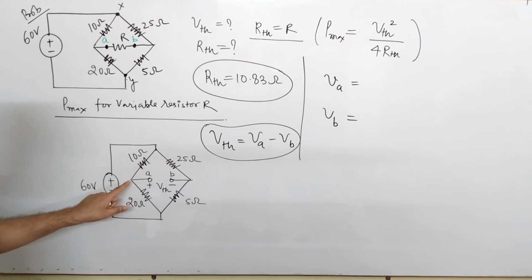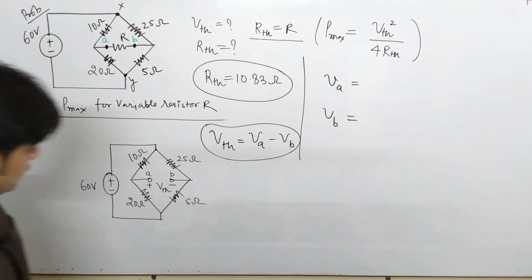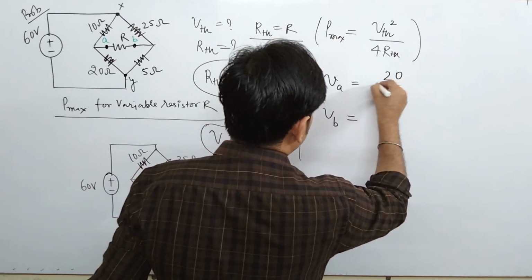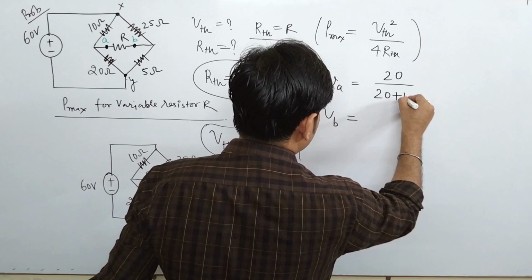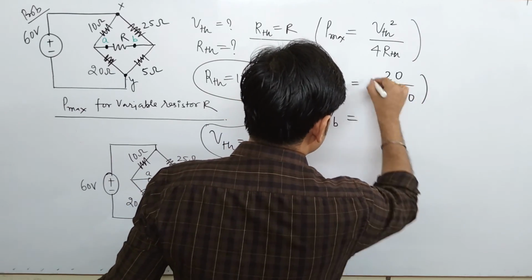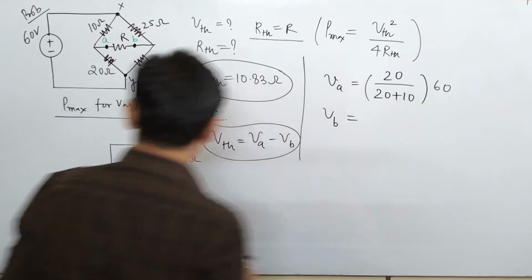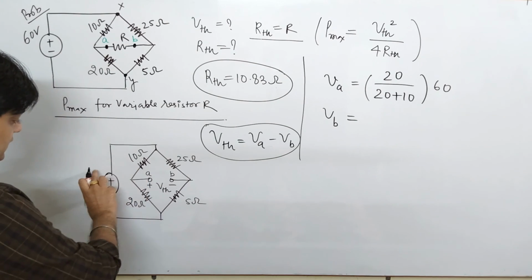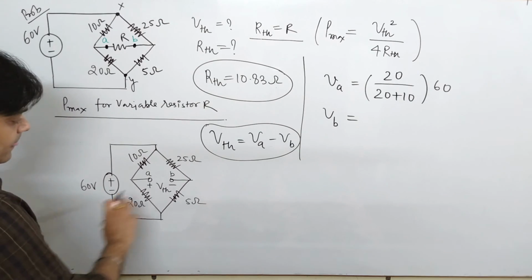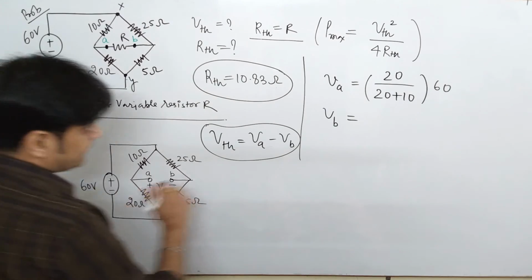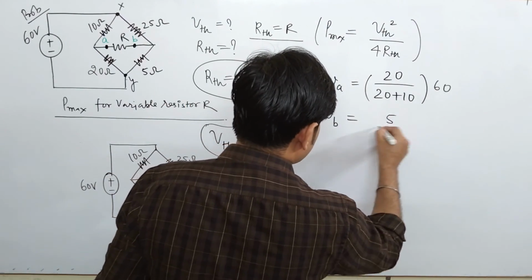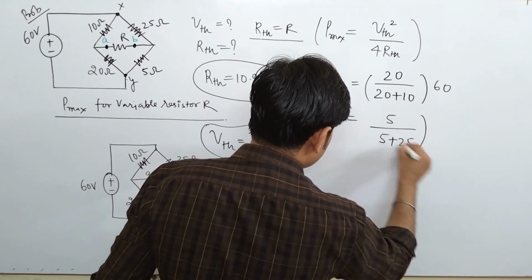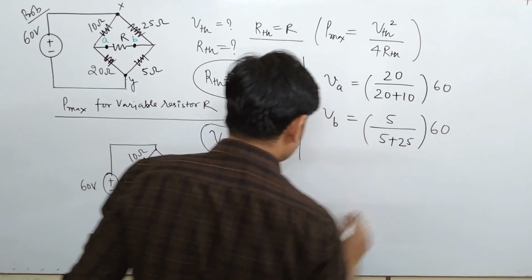The value of VA comes to be what? VA is the potential across this 20 ohm resistance. So that comes to be 20 upon 20 plus 10, into 60. This resistance upon the sum of these two resistances into this voltage 60. Similarly, VB is 5 upon 5 plus 25 into 60.